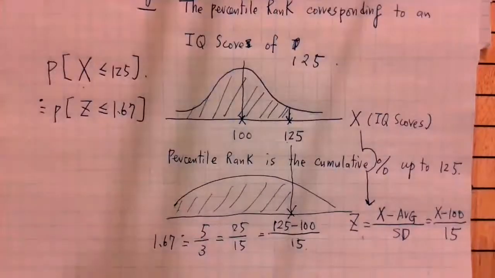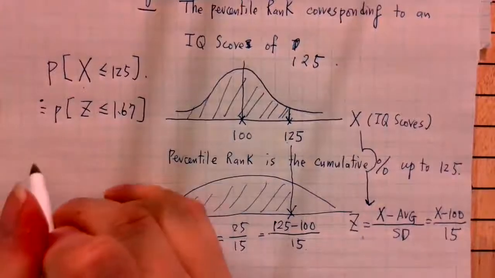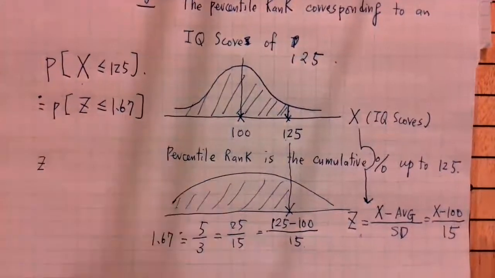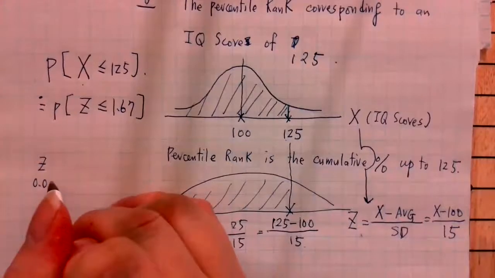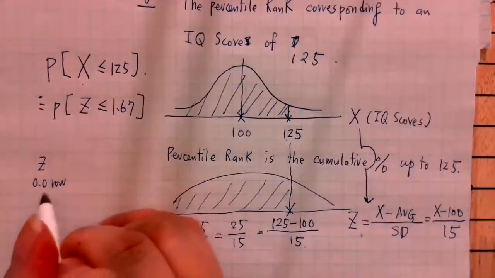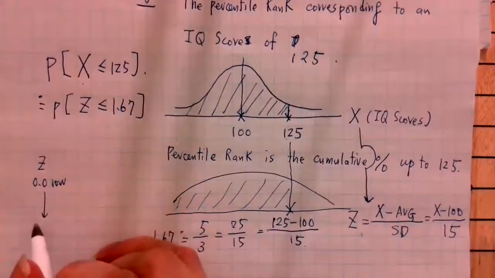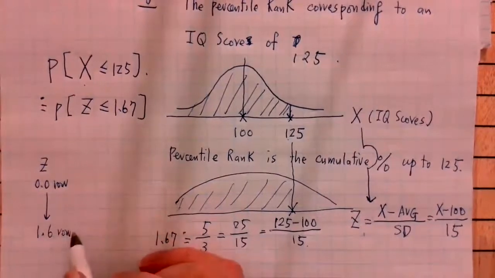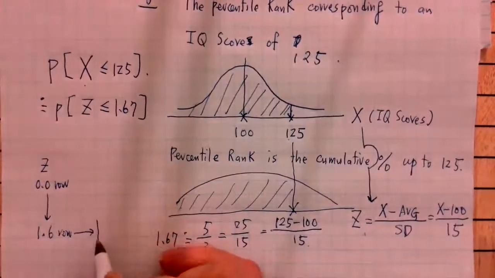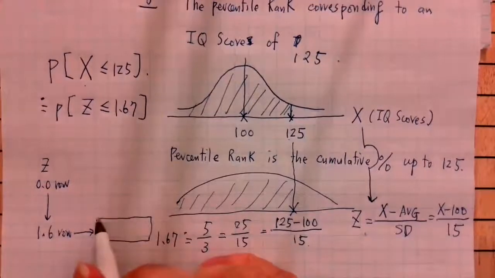So let me repeat what I just said. Z-score, standard normal table. Begin with the 0.0 row and move down. You stop when you see the 1.6 row, and then you move horizontally. Then you stop when you see this number.